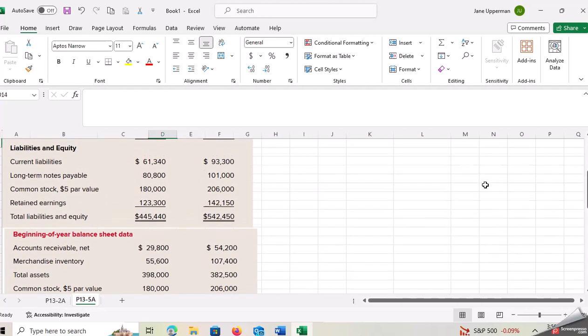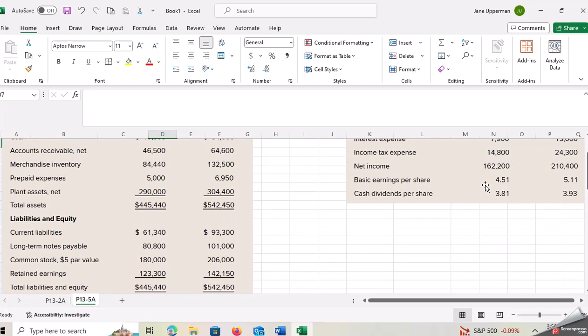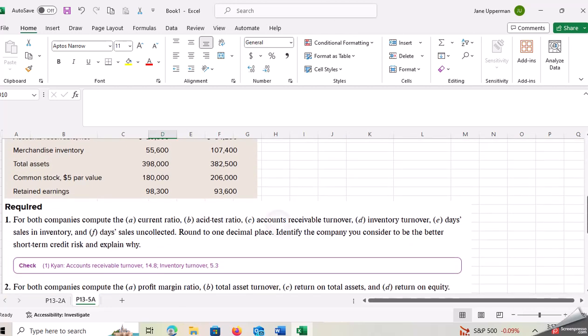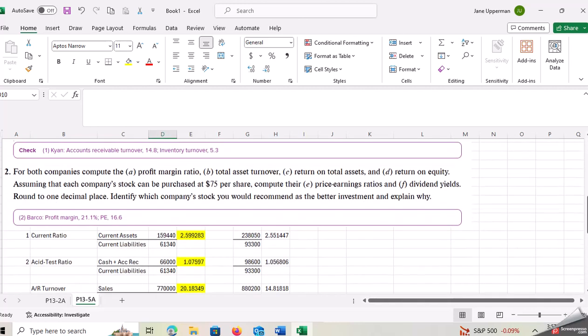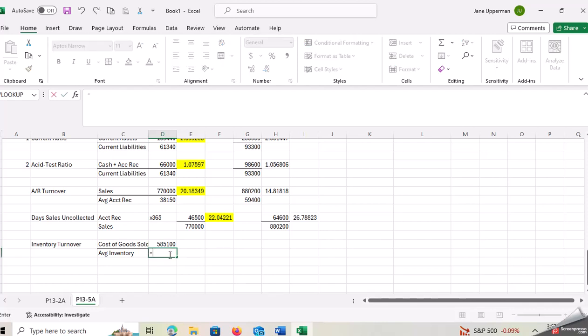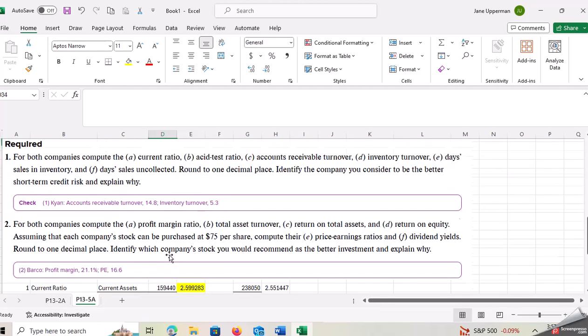So our ending inventory is 84,440, and our beginning inventory is 55,600. Let me just double check that 55,600 was correct.